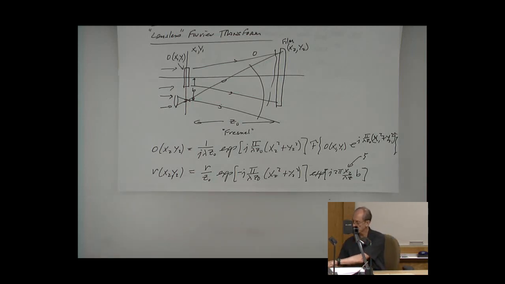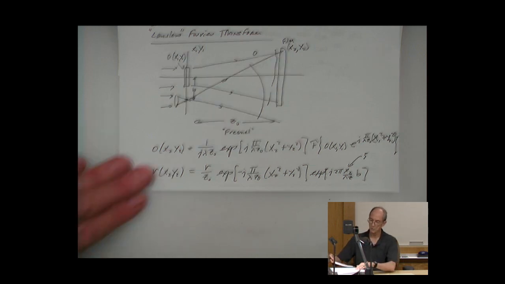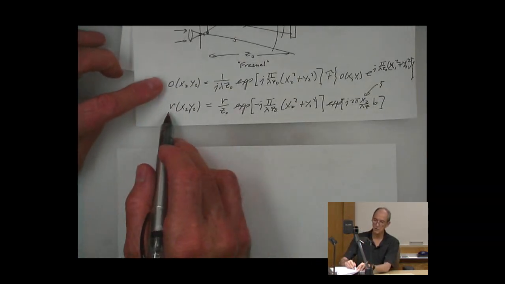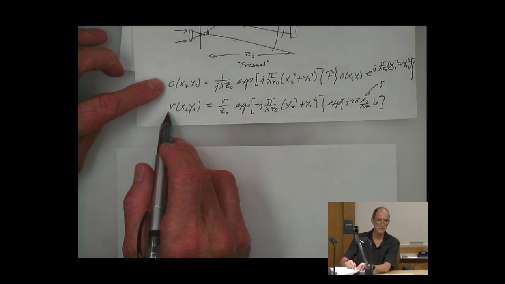So notice that what we're going to do, as we normally do in making the hologram, is take the intensity of those two. And so we're going to have products of R and O and O and R star, right?